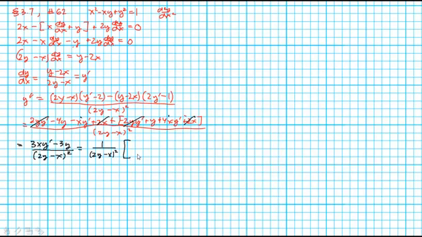And then over here, I'm going to write 3x times what y prime is equal to, which is y minus 2x over 2y minus x. And then I've got the negative 3y, but I'm also going to find the common denominator again, 2y minus x, 2y minus x.